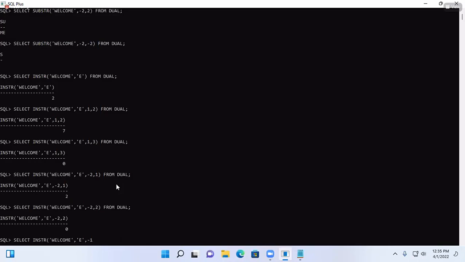Suppose -1 comma 1 is given. -1 means from where? From E. From E, which occurrence did I want? The first occurrence. What is your output? You can see 7, because the start is there and that is the only first occurrence.